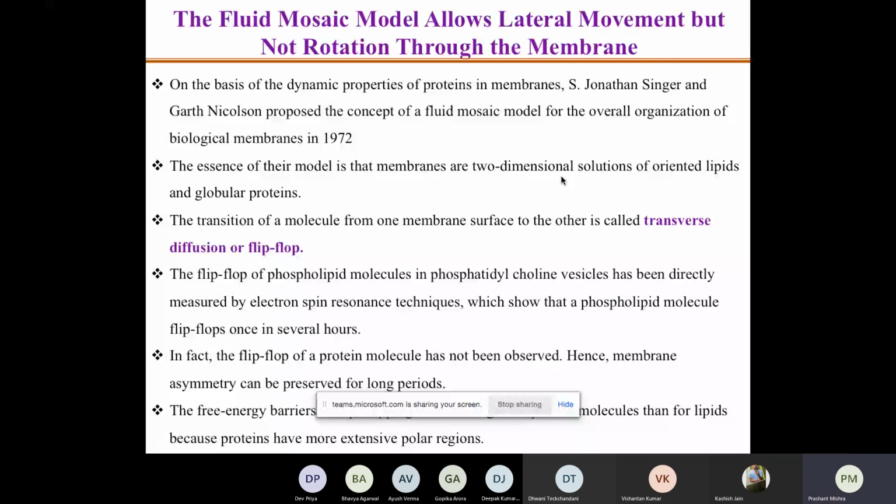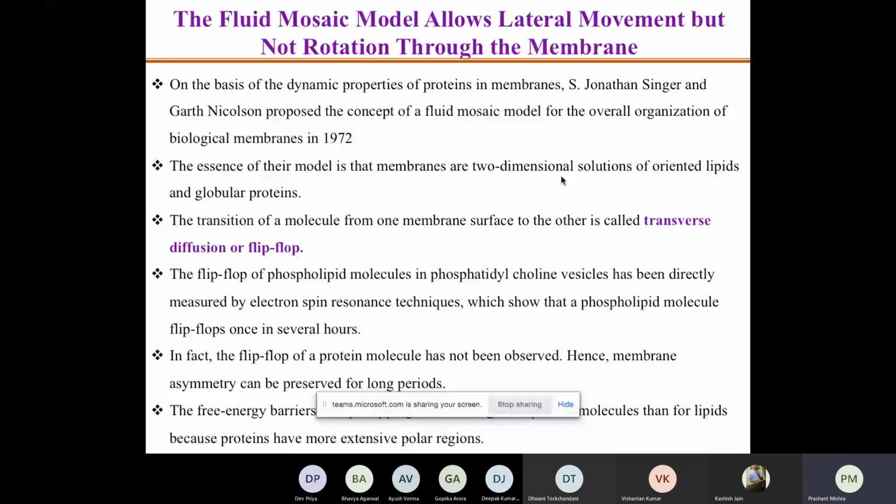Suppose this is the membrane. Under the fluorescence microscope, it will look like this. Then you pass a laser light on a small portion, and the fluorescence will disappear. If I leave it for a certain time and the membrane is fluid, the fluorescent molecules will come and recover this place, so the bleach you created can be recovered.